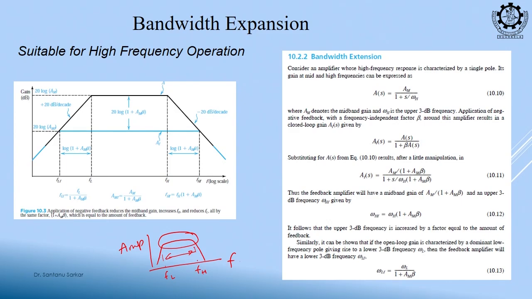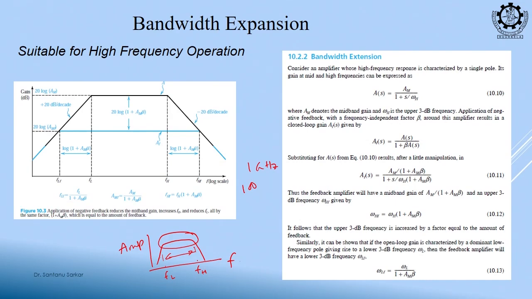Suppose one amplifier is usable up to 10 megahertz, another up to 1 gigahertz. Obviously 1 gigahertz is the better choice, but it will be more costly and you have to take care in designing that amplifier. You can use the 1 gigahertz amplifier for 100 megahertz or 500 megahertz. So your options are wide, and it is a better choice.